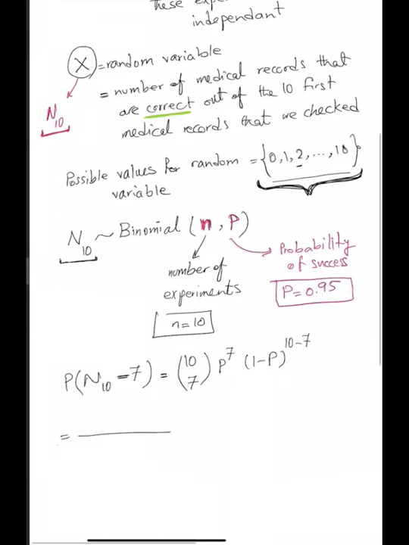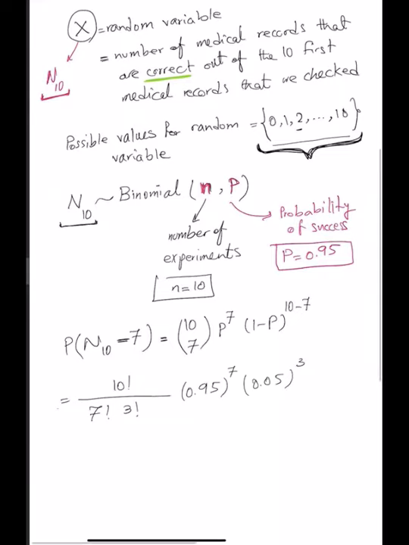For the combination, we always write it as 10 factorial over 7 factorial times 10 minus 7 factorial, which is 3 factorial, times 0.95 to the power of 7, times 1 minus p, which is 0.05, to the power of 3. We have to calculate this value to find the chance that 7 of the n records we checked are correct. I don't have the final value, but the result of this gives you that probability.